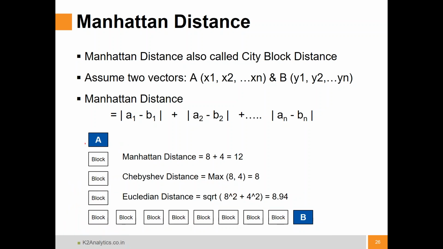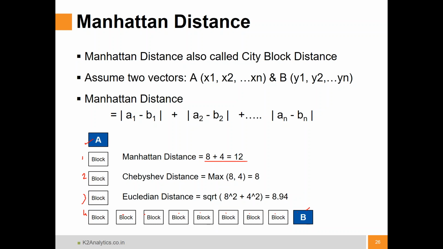With these data points given, as a quick example, with the Manhattan distance, the distance would be counting blocks: 1, 2, 3, 4, and similarly 5, 6, 7, 8, 9, 10, 11, 12. So 8 blocks like this, 4 like this, 8 plus 4 is equal to 12, my Manhattan distance.